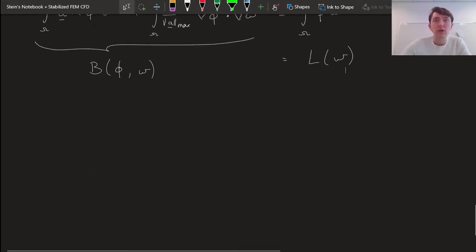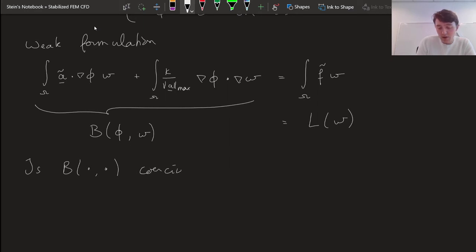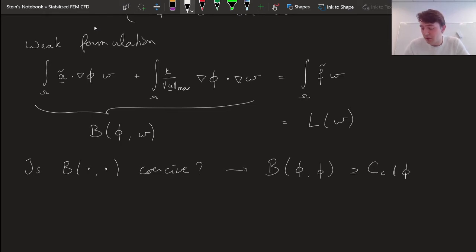So I'll try to answer the question, is B coercive? Or is it true that if we substitute the same function, and we substitute phi in both slots, that's going to be larger than or equal to some constant times the norm of phi?